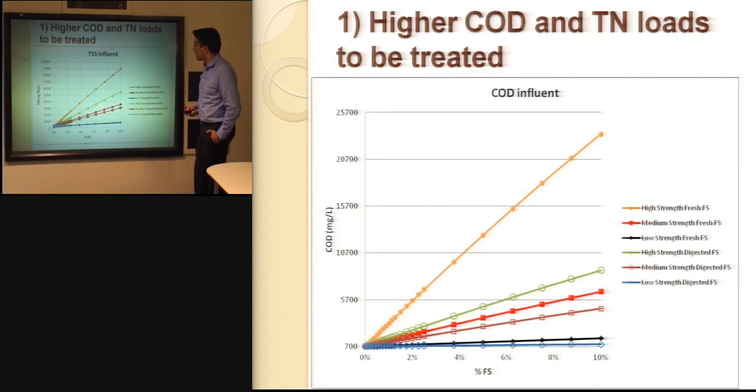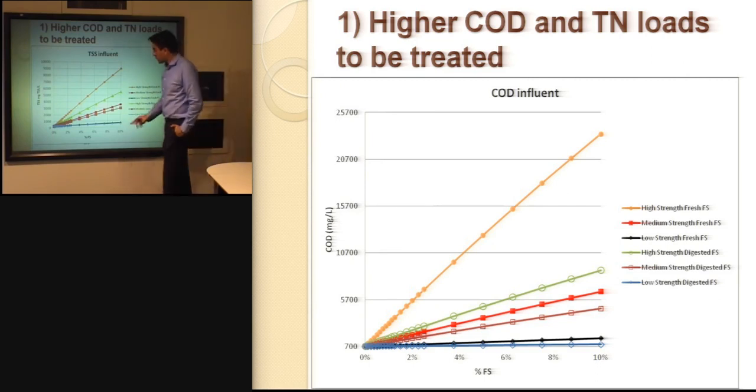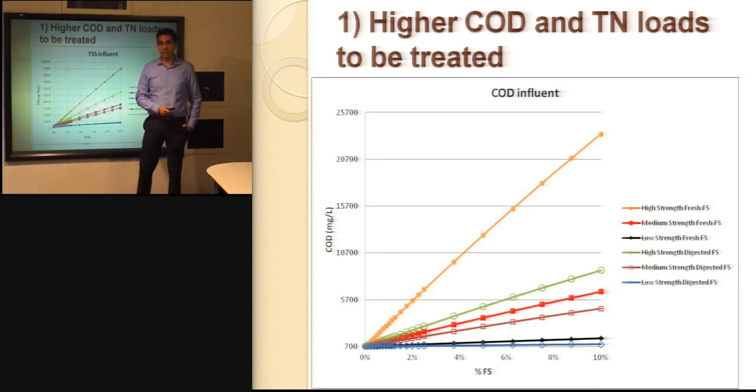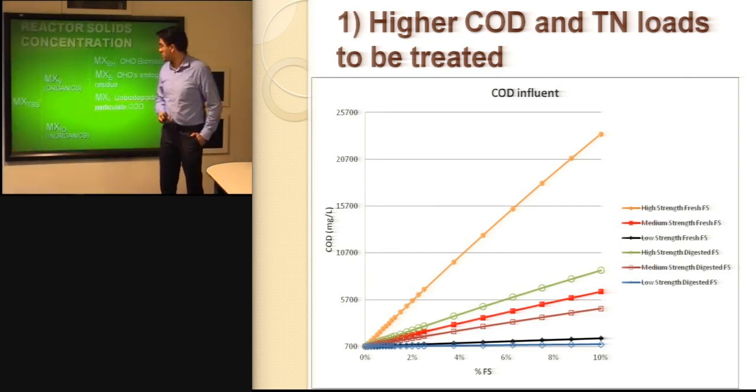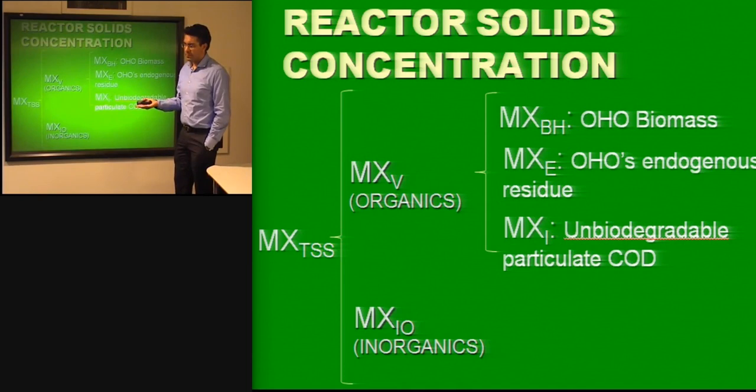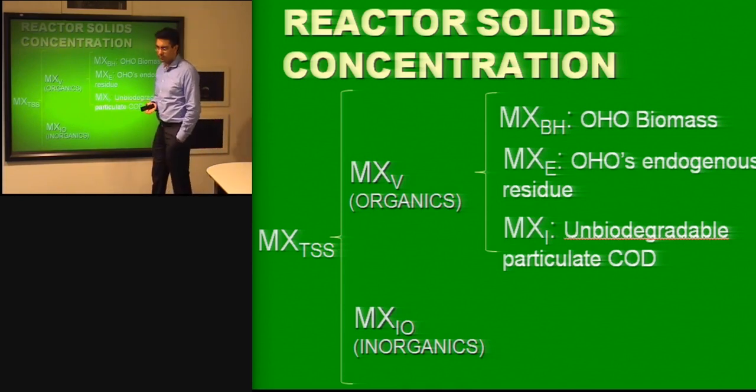And in a similar way, the suspended solids concentration in the influent will increase, affecting also our wastewater treatment plant, already with very limited or low volumes of fecal sludge discharged. What are the implications of the discharge? Well, basically, all these organic loads, nitrogen loads, solids loads, will have a direct implication in the biomass.